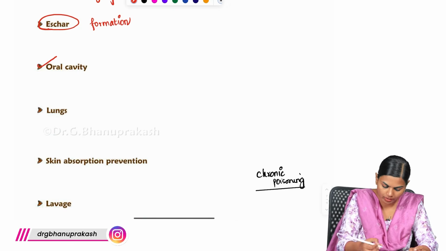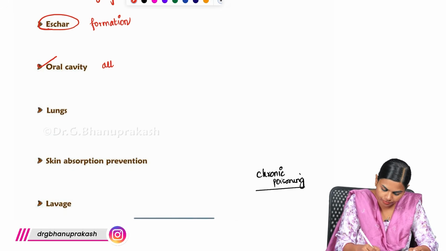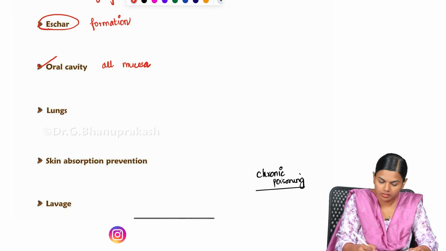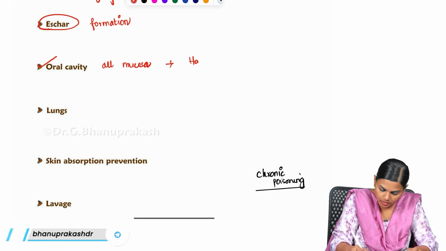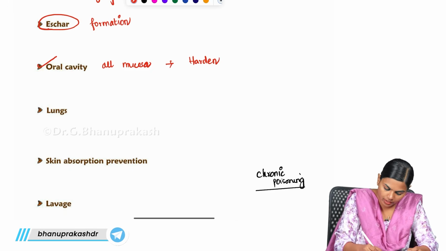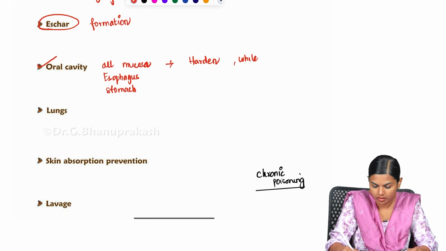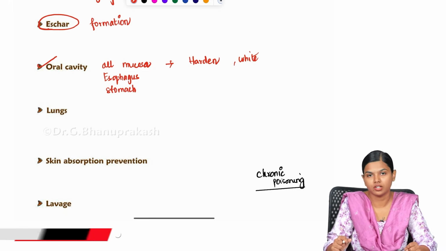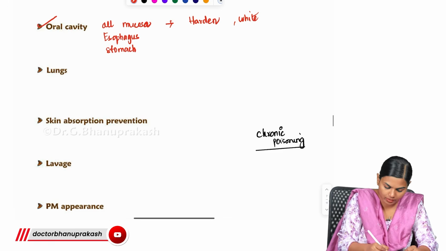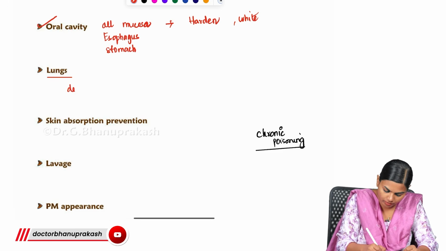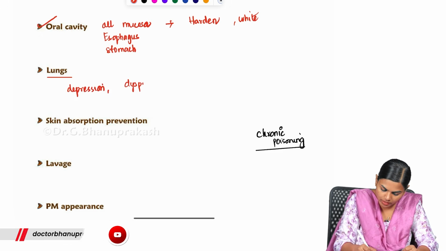And in the oral cavity, all mucosa, starting from your pharynx, esophagus, stomach, everything will harden. Everything will become really hard and white. It will become a very hard structure, and in the lungs there will be depression, so there will be dyspnea.